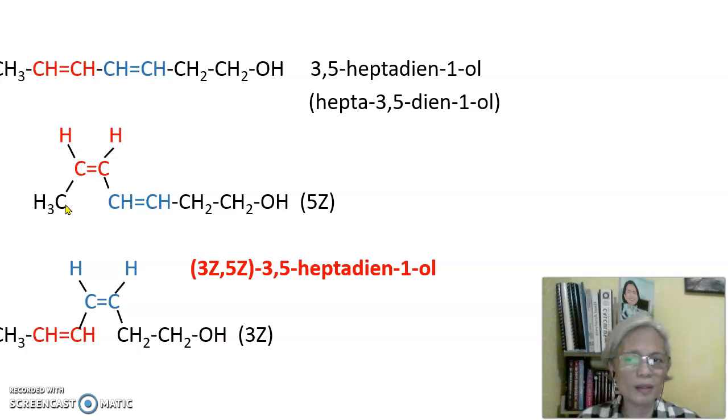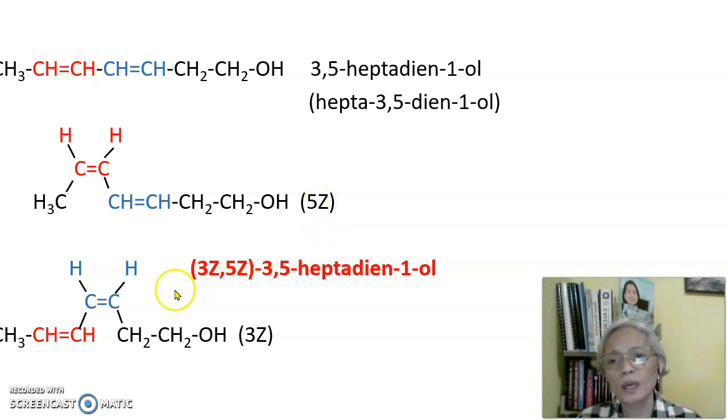Carbon has a higher atomic number, and therefore methyl has a higher priority than hydrogen. So this alkenyl group is also higher priority. Both higher priority groups are on the same side, so Z. So the double bond at carbon number 5 is the Z isomer.